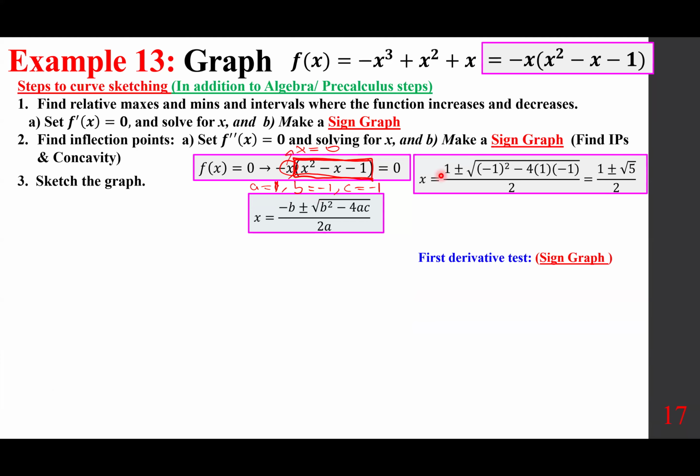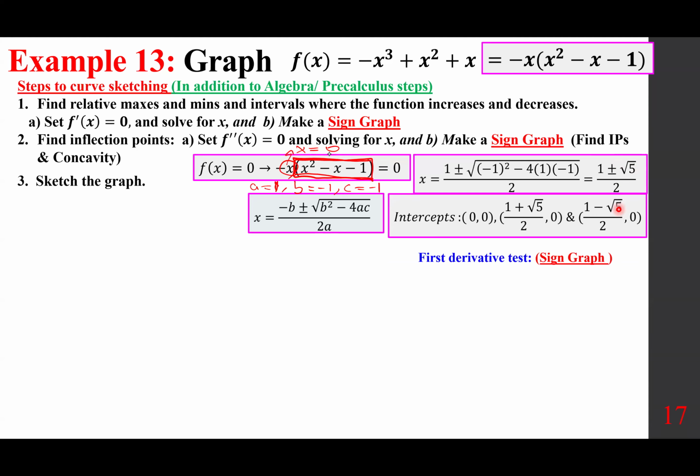Minus b, that means minus -1 is 1, plus or minus the square root of b squared, -1 squared, minus 4ac. So this is 1, this is positive 4, and we get 1 plus or minus square root of 5 over 2. What does it mean? It means x equals 0, the pair is 0, 0. This means 1 plus square root of 5 over 2 and 1 minus square root of 5 over 2, each one, comma 0.